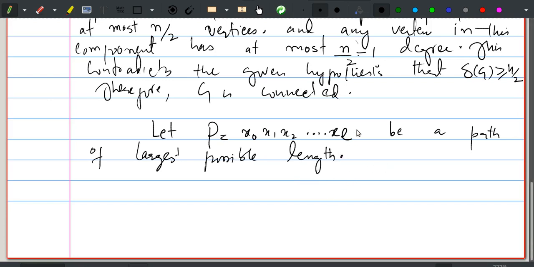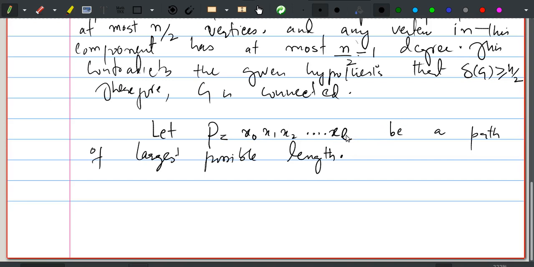Now given that G has n vertices, these x1, x2, xl are vertices in G. The length of this path is L, so this L cannot exceed n.